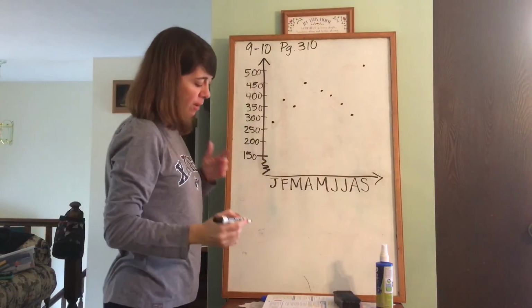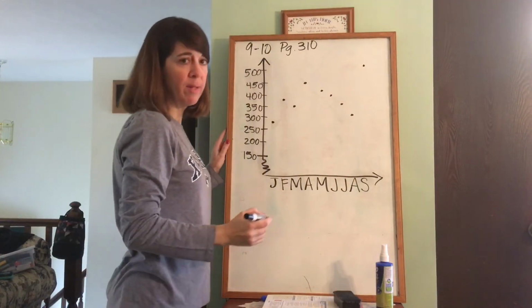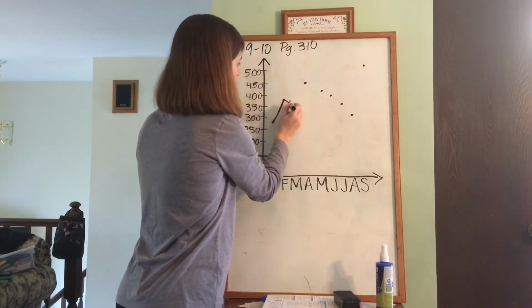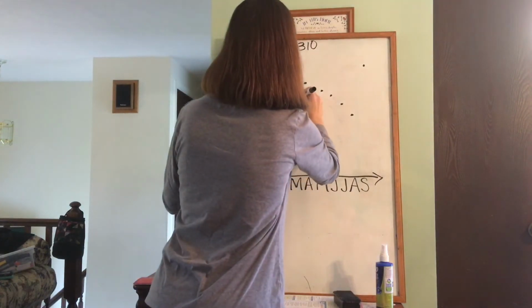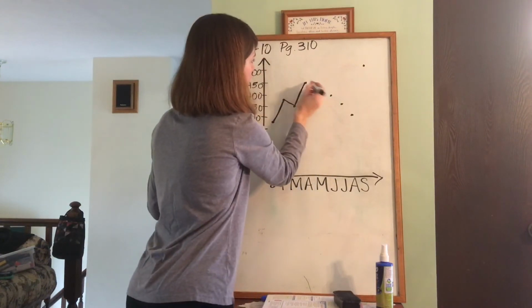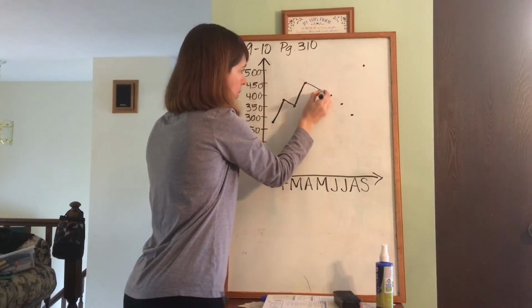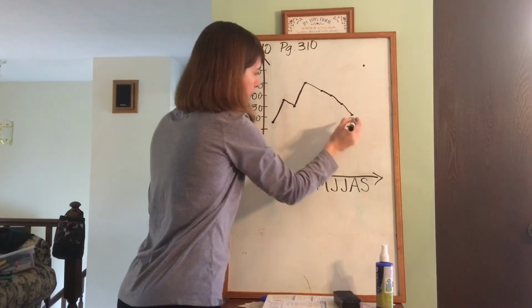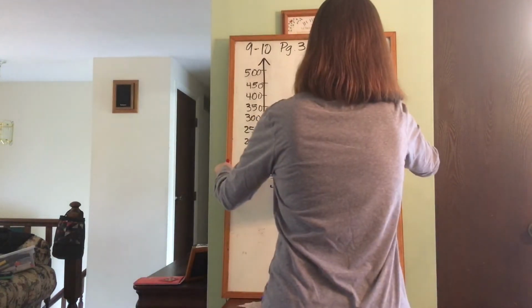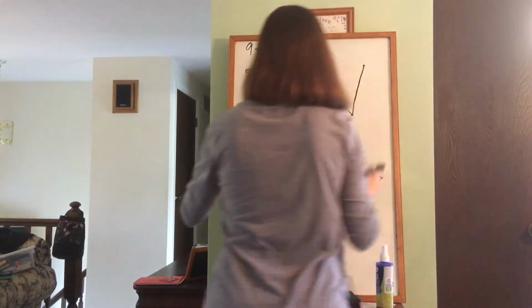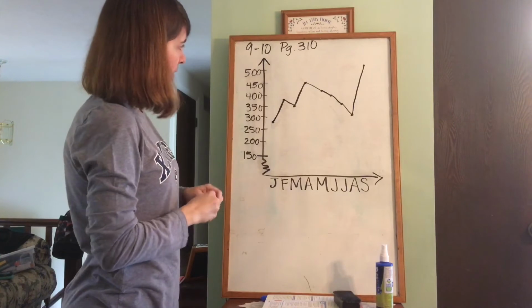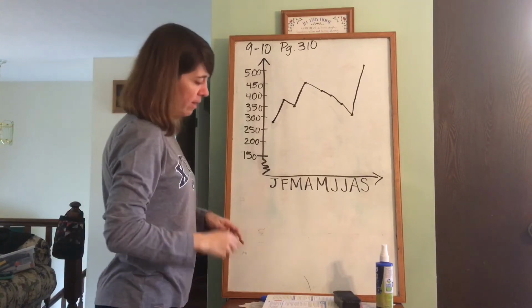Okay, then of course I'm going to use line segments to connect those points as best I can, since I'm just using the dry erase board. Okay, so you can see what the data looks like there as far as how it increased and decreased.